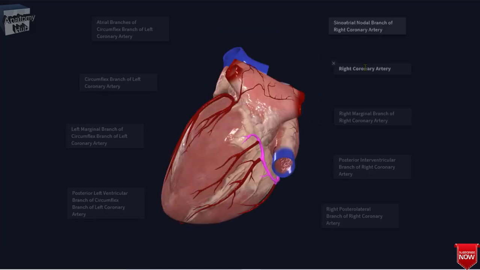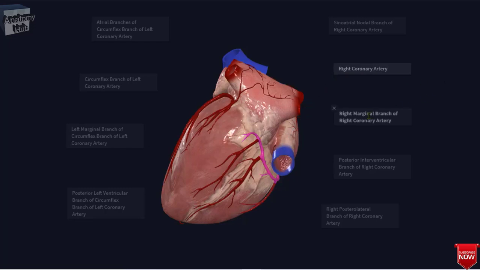So the right coronary artery supplies the right atrium, SA and AV node, posterior part of the interventricular septum, and the veins accompanying it, the small cardiac vein and the middle cardiac vein.